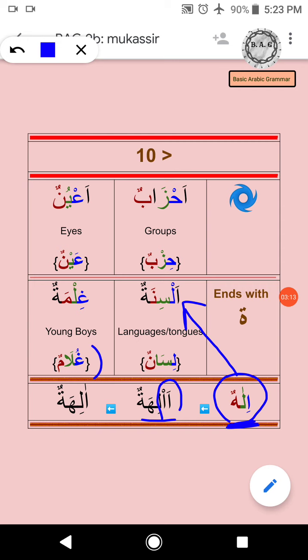Whenever you get this combination, you simply write it like this. That's why it becomes alihatun. There is no grammatical difference between these two, but that's how the script says. So this is something that I wanted to discuss.